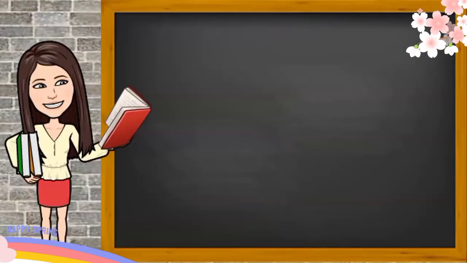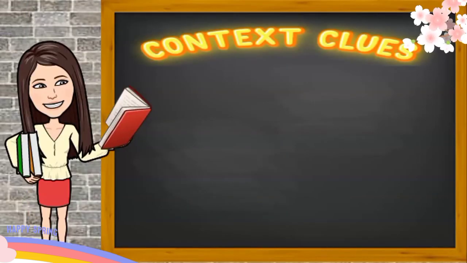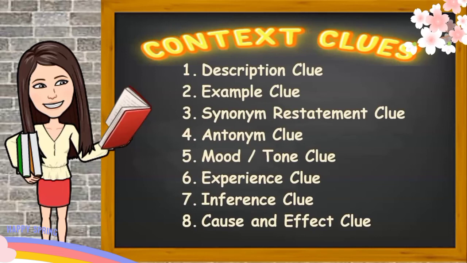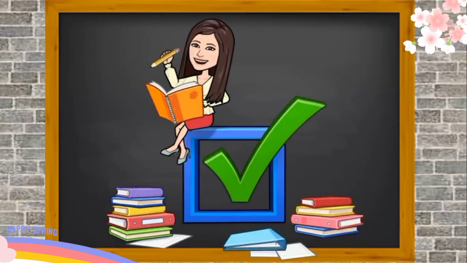Again, the different types of context clues are description, example, synonym restatement, antonym, mood, experience, inference, and cause and effect clue. You have to remember that it is very important for us to know how to detect the meanings of unfamiliar words using these context clues, because it will not only help us quickly understand what we are reading, but it would also broaden our English vocabulary.